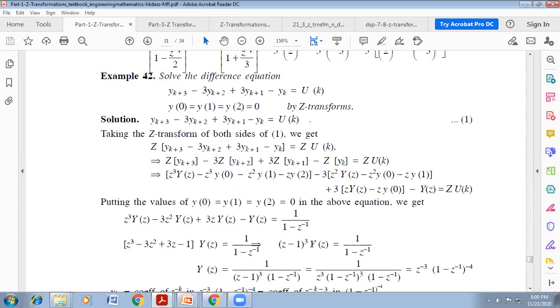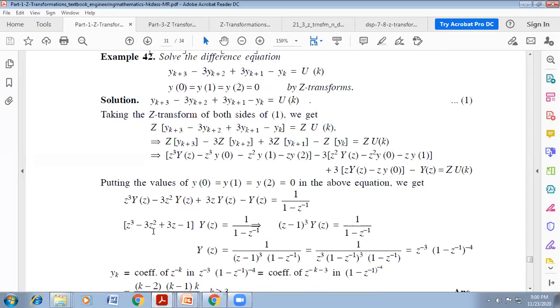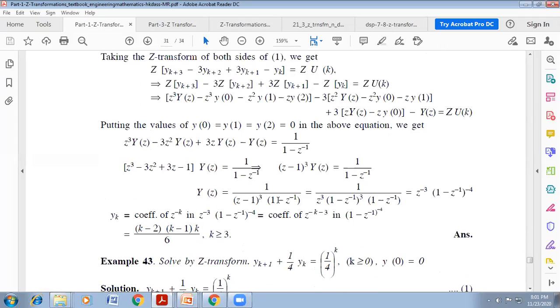So (z minus 1) whole cubed Y(z) equals the Z transformation of the input, which is 1 by 1 minus z inverse. So Y(z) equals 1 by (z minus 1) whole cubed times (1 minus z inverse).